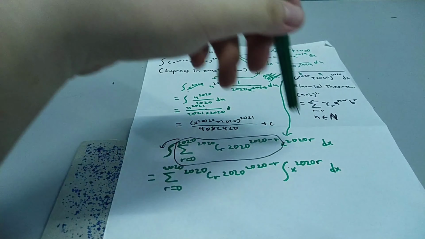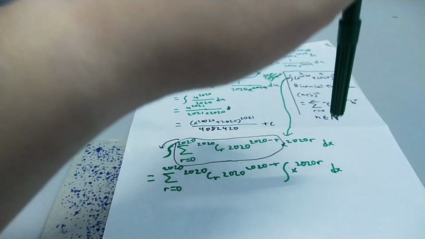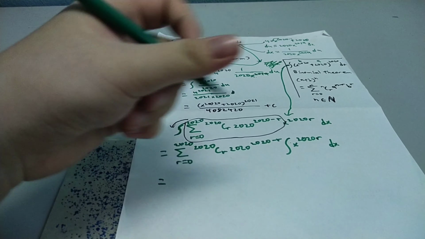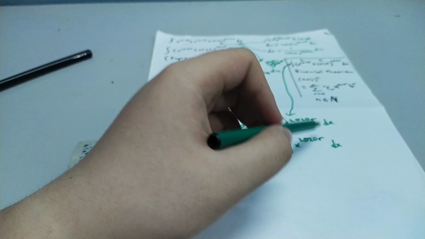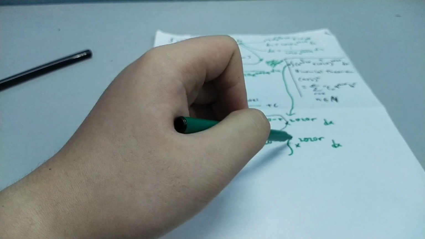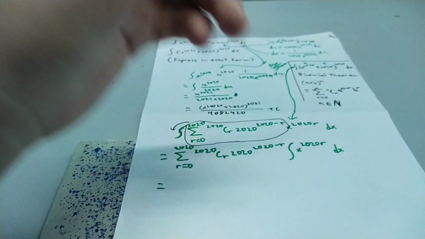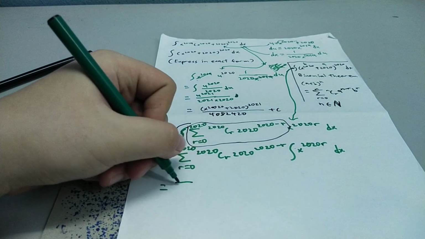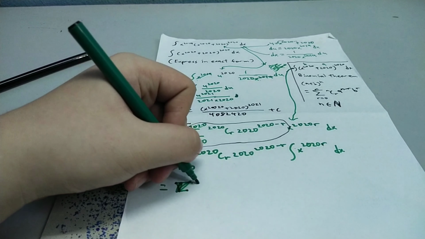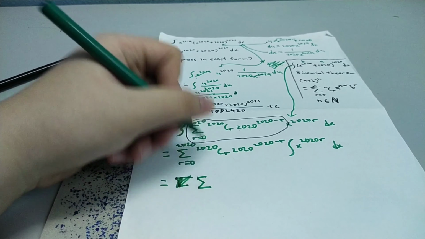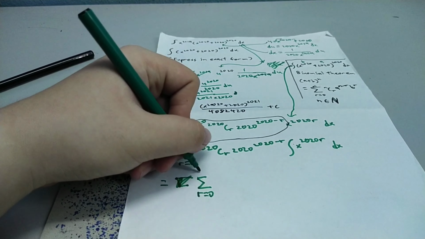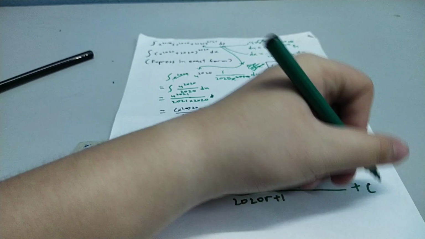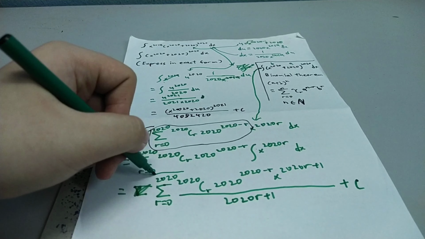Well, we can just do some simple integral. Since we have two variables, but don't worry, we will treat x as the variable that needs to be integrated, and r is a constant. So this is going to be the sum of r goes from 0 to 2020, plus C, and we are done.